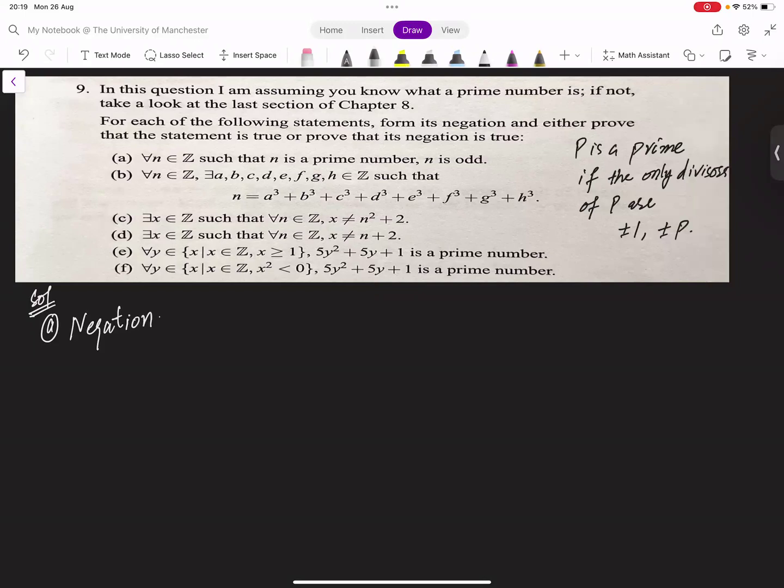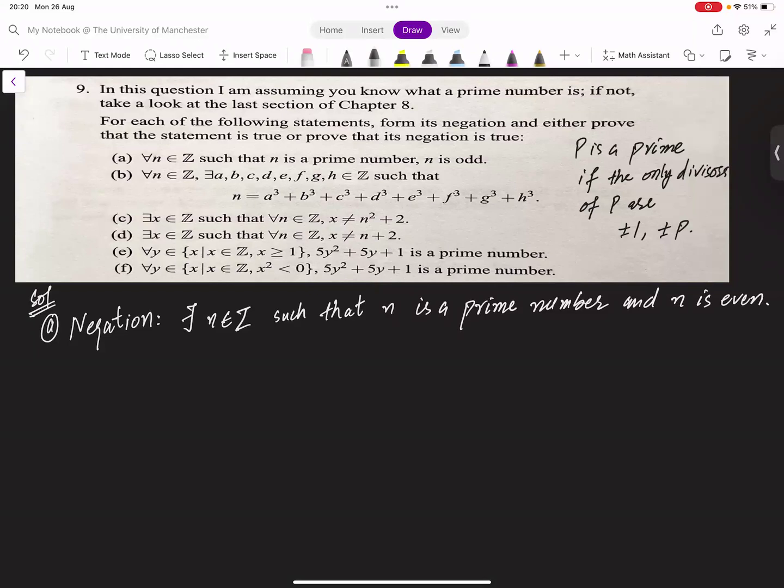To form its negation, we say there exists an n in Z such that n is a prime number and n is even, or not odd.